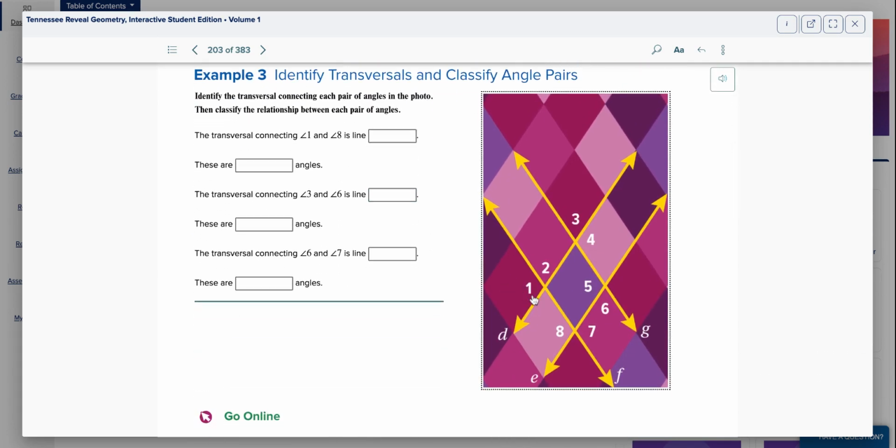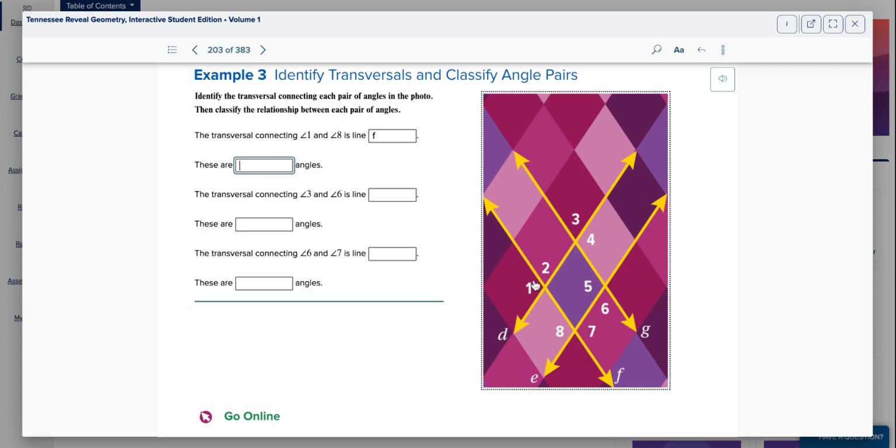All right, so let's go with 1 and 8. So here's 1. It is at the corner of line D and line F. So D and F. And 8 at the corner of E and F. Well, I said F on both of them, so F is the transversal.